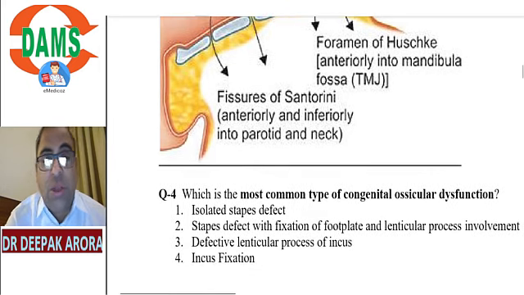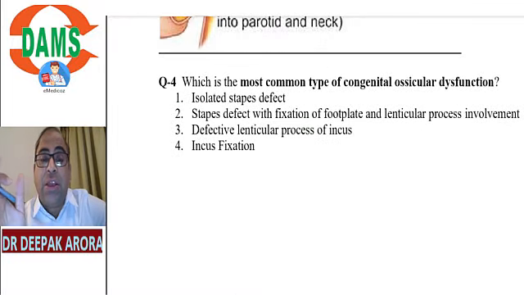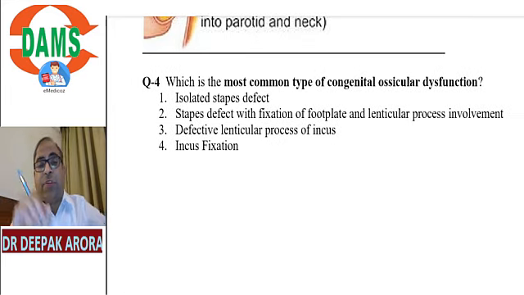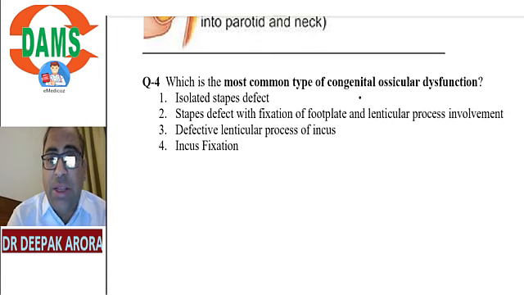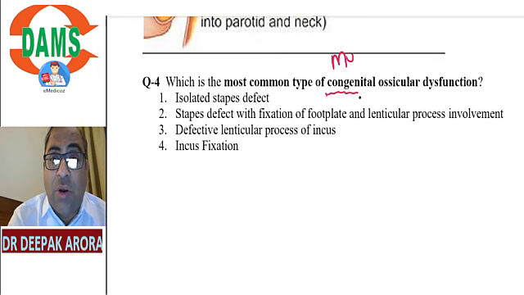Coming to the next one, question number 4, an integrated question of ENT with ear pathology. Which of the following is the most common type of congenital ossicular dysfunction? Always remember congenital. Underline this word. If the examiner asks you about congenital anomalies, always remember they are multifocal.